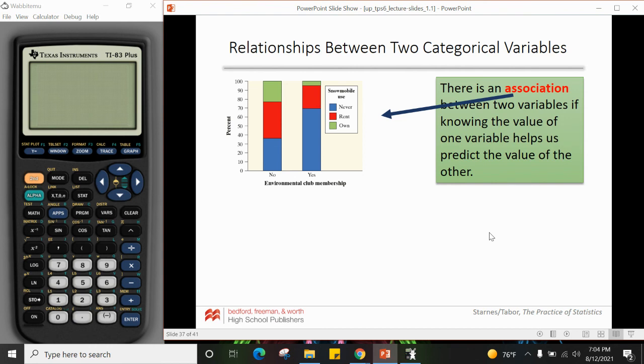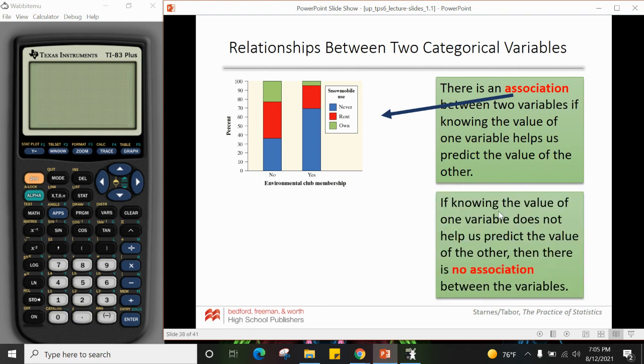When we go into the conversation about correlation or causation, association gets lumped into that conversation as well. But association, all it means is that if you know one variable, it will help you predict the value of another. So if knowing the value of one variable does not help us predict the value of another, then there's no association.